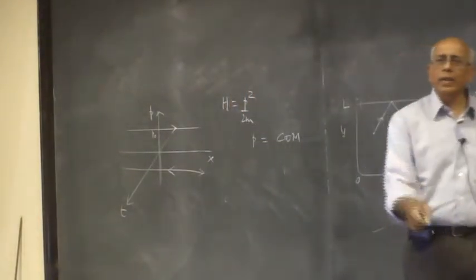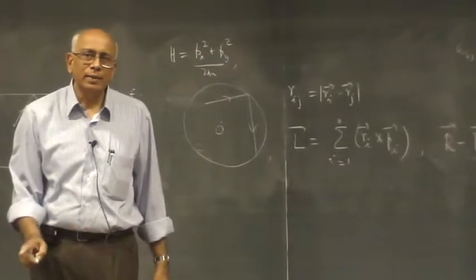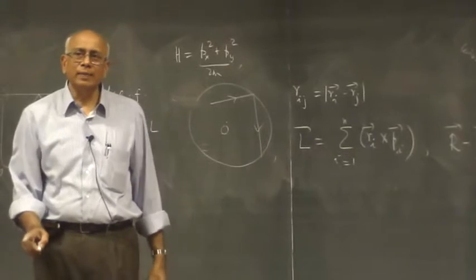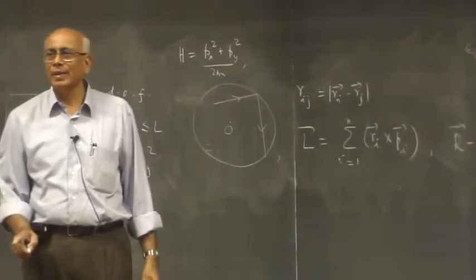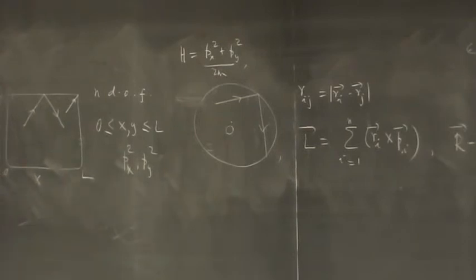So under x goes to minus x, y goes to minus y, is this going to change sign? Because x and p both will change. Is x goes to minus x, y goes to minus y an improper transformation in 2 dimensions?